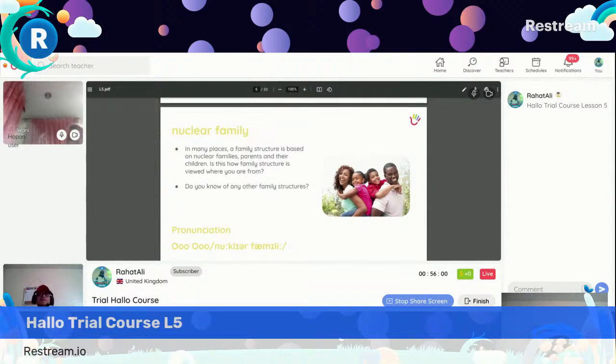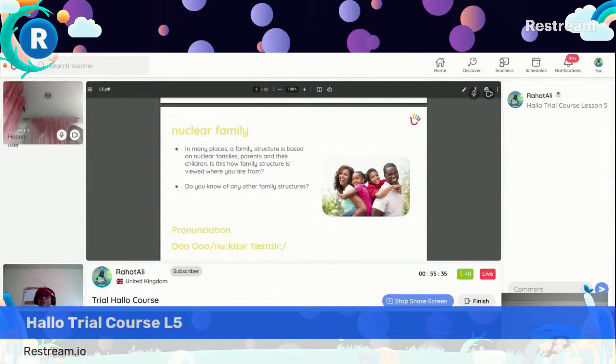Nuclear is a term of physics, which means the center. The center part of a molecule, we call that nuclear or nucleus. And this word came from the nuclear family, which is centered to only one family, parents and children, and that is what we call nuclear family.